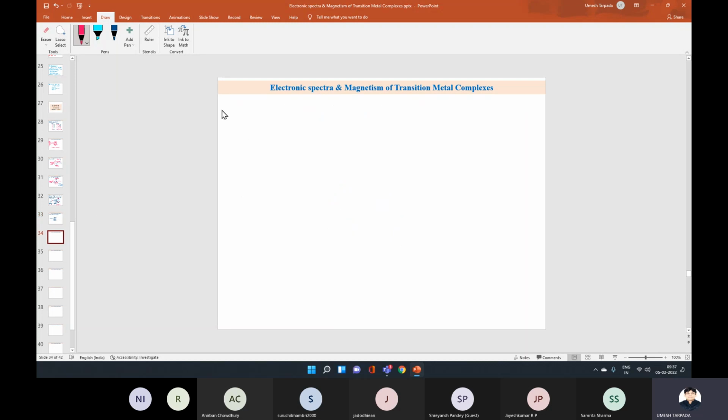Now what about the splitting pattern for D4 and D9? It will be the same, with only a change in multiplicity. Here also only one L value comes, that is 2, so here also there is a D term. So its pattern is 2S+1 D term. It is split in an octahedral weak field. What happens?